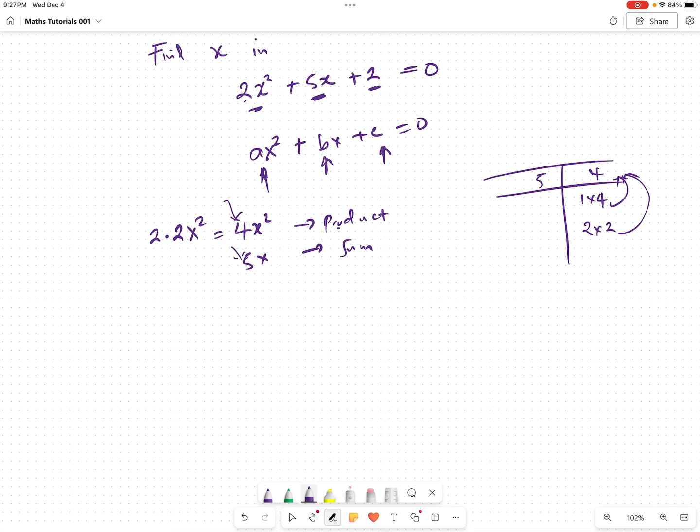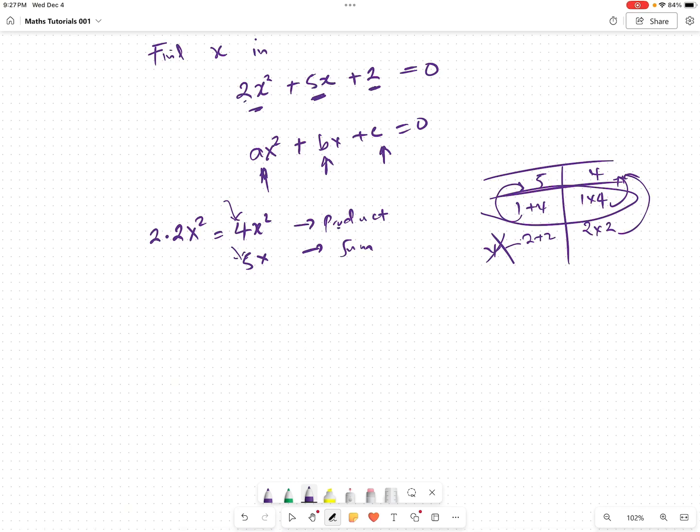If we do 1 plus 4, that will give us 5. And there is no other one. If we do 2 plus 2, we'll get a 4, which is not what we want. So we found what we wanted, these two are the ones we're interested in. Let's extract them: we have found them, they are 1 and 4.